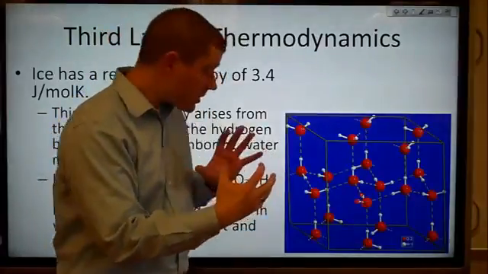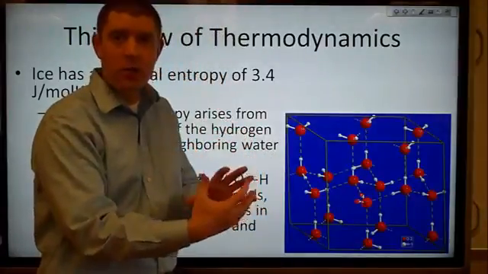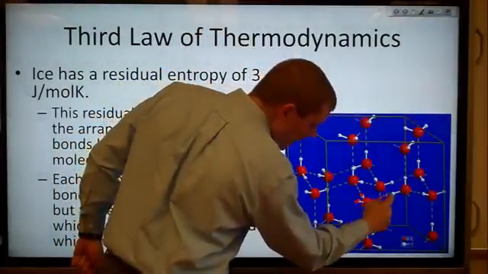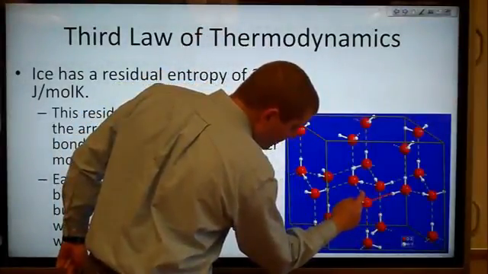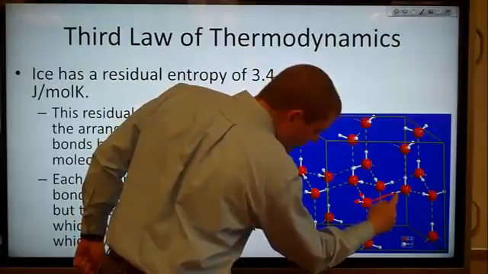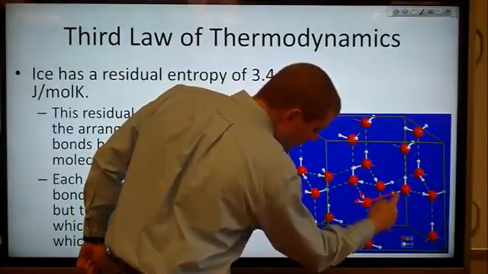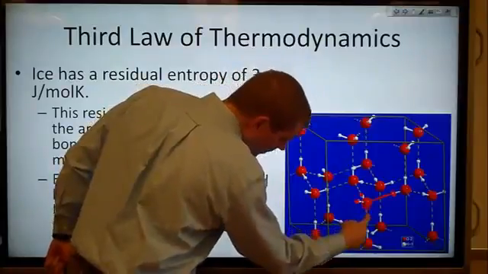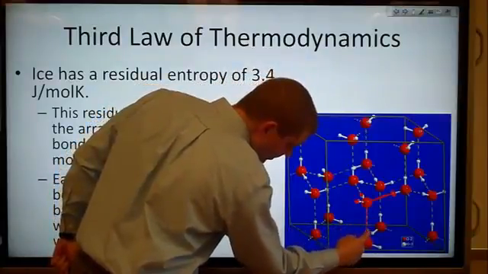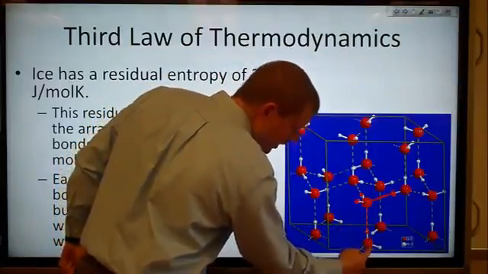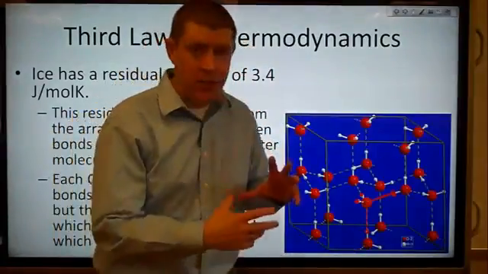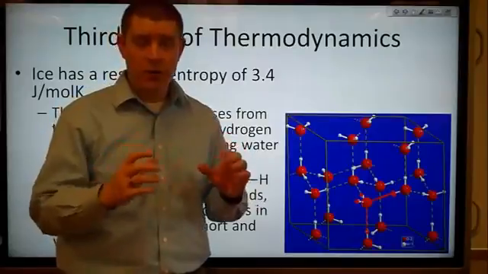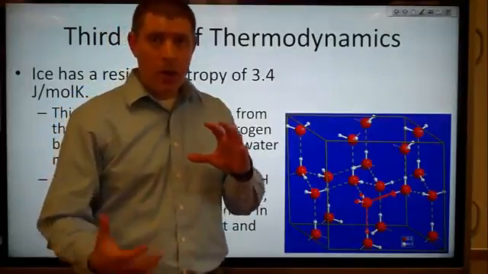That means the distance between those two hydrogens and the oxygen is short. Then it has longer hydrogen bonds to this hydrogen over here that's on this oxygen, and another hydrogen bond down here to this hydrogen on this oxygen. So that oxygen has two covalent bonds that are very short, and two hydrogen bonds that are longer.